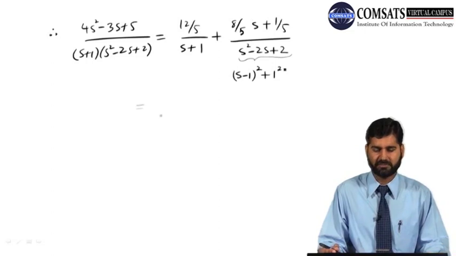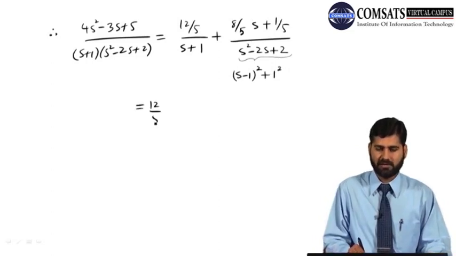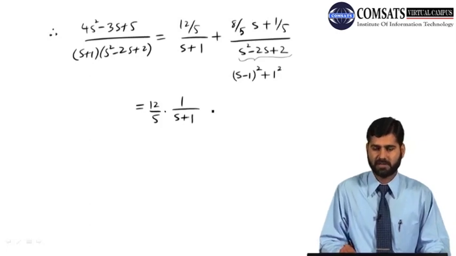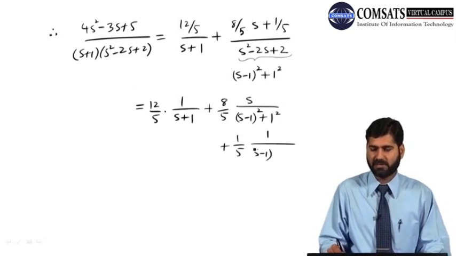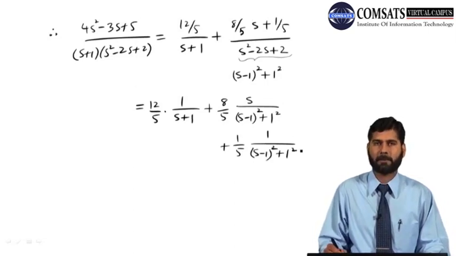All right. So I got 12 by 5 times 1 over s plus 1, plus 8 by 5 times s over (s minus 1) square plus 1 square, and then plus 1 over 5 times 1 over (s minus 1) square plus 1 square.